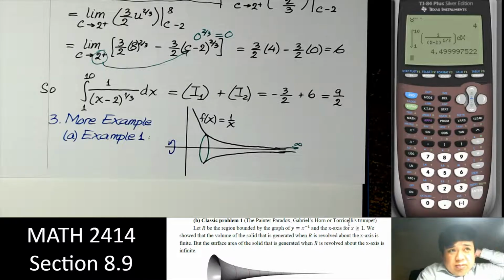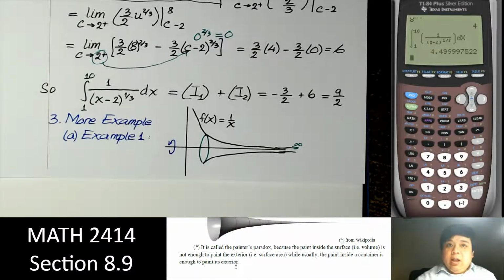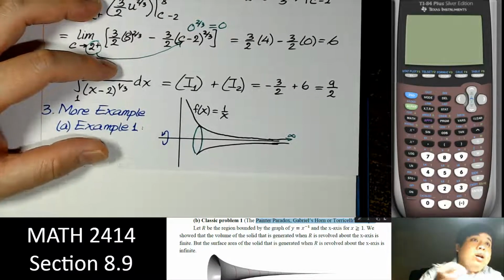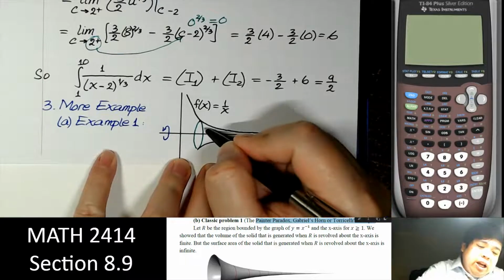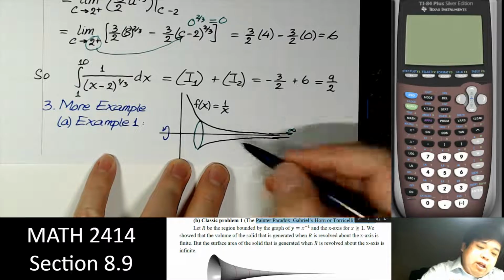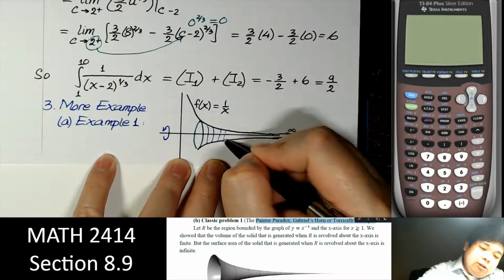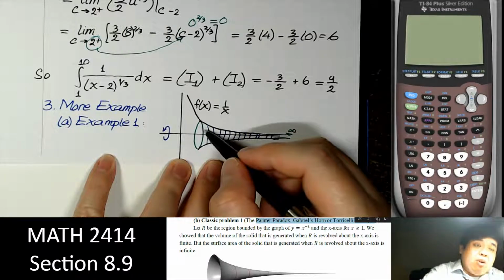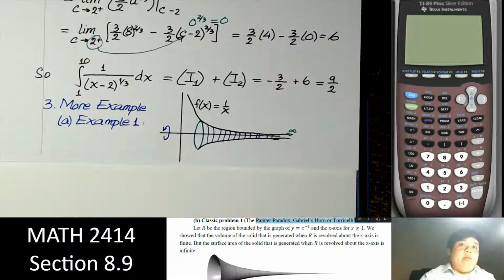Oh, and where does the Painter's paradox come from? Right. So actually, if you go on Wikipedia and search any of these three, it's a very great story. But the cool thing about this is, if we have this one and we rotate about the x-axis, what we have, of course, is the surface area of the horn and the volume inside, right?